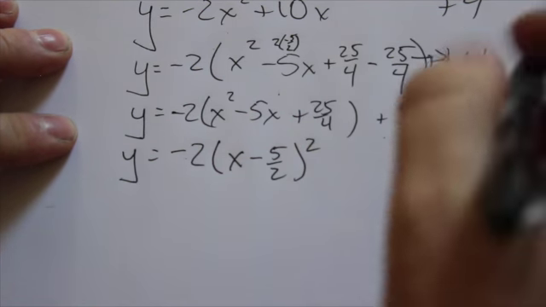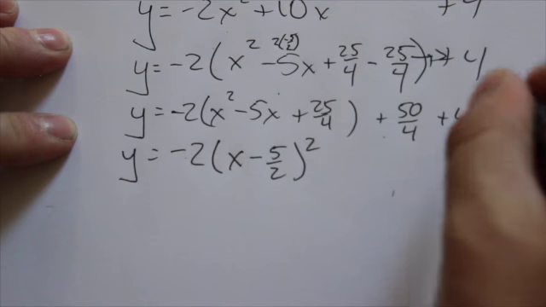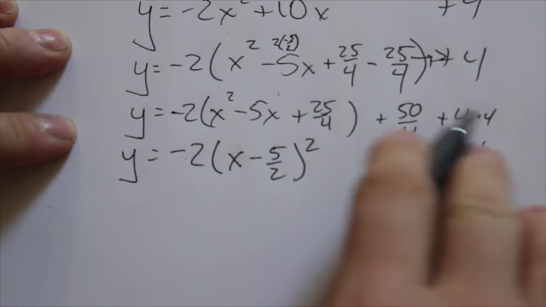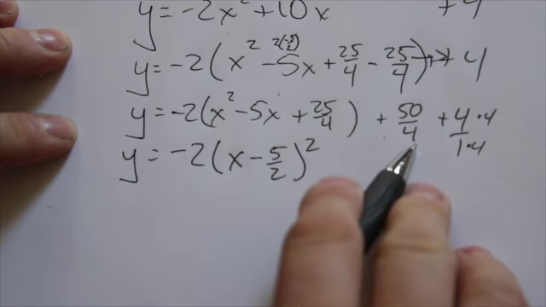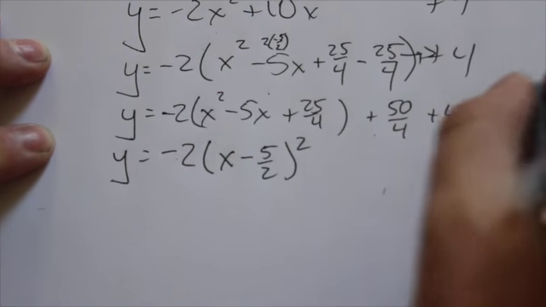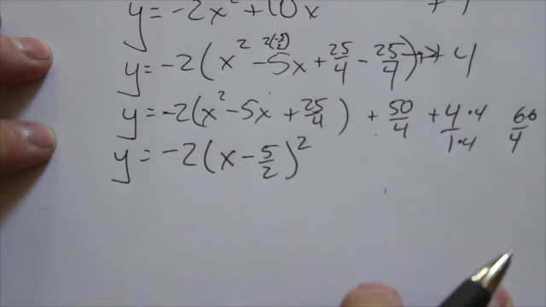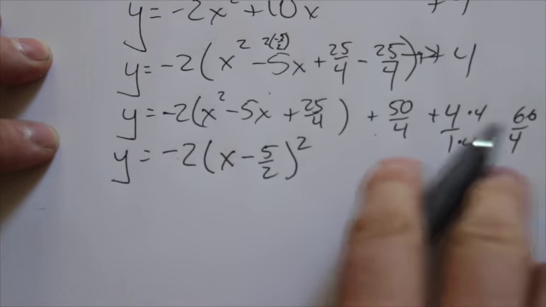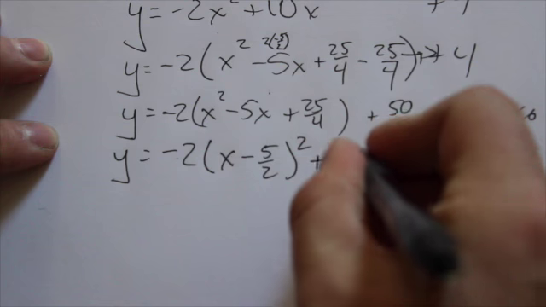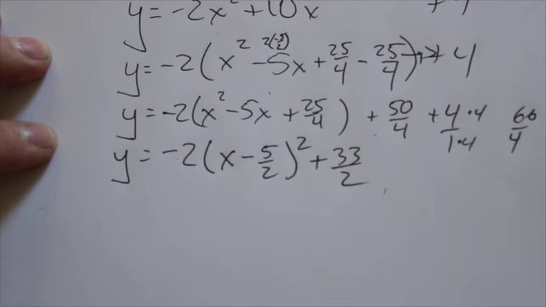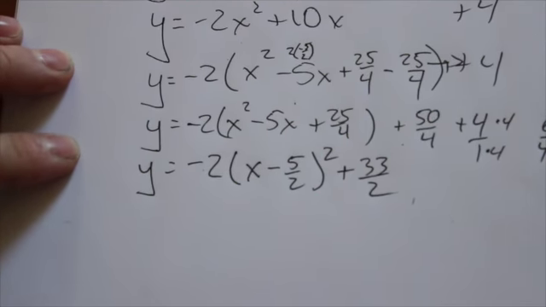I know this is the little thing a lot of people don't like to think about, but that 4 is going to become 16 over 4. So 50 over 4 plus 16 over 4 is 66 over 4. And we can divide both of those by 2 to get 33 over 2. And that's the answer we're looking for.